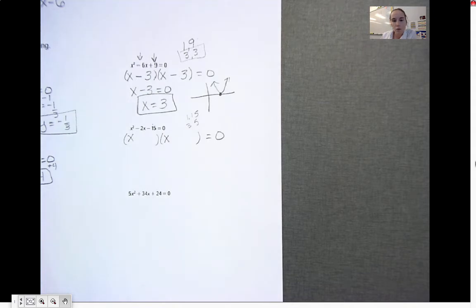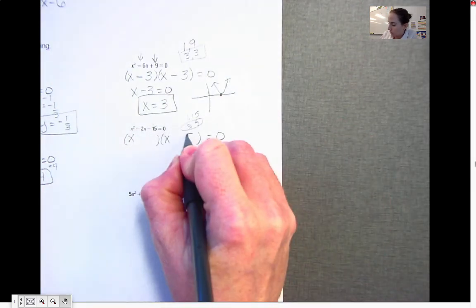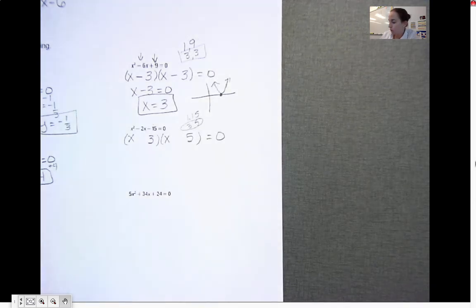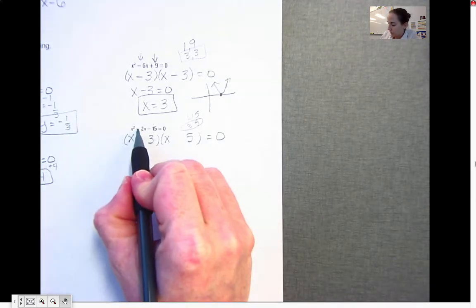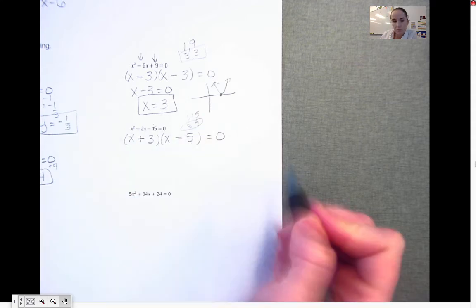And so which two numbers will combine to give you a 2, 3 and 5? We're going to need one of them to be positive and one of them to be negative. So in order to get a negative 2 here, I need a negative 5 and a positive 3.